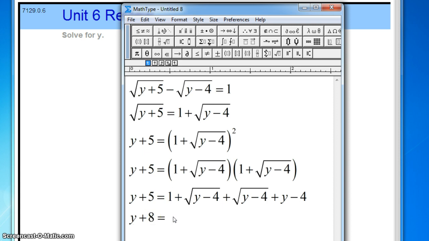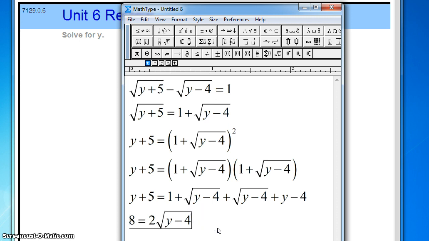Okay, and if I'm going too fast, feel free to pause this video, do it with me, and try it on your own. Okay, so y plus 8, and that will equal 2 times root y minus 4, right? So this is root y minus 4 plus root y minus 4, which is 2 root y minus 4. And we have a plus y here. And you notice this, if we subtract y from both sides, these y's cancel. So I'm just going to go ahead and do that.